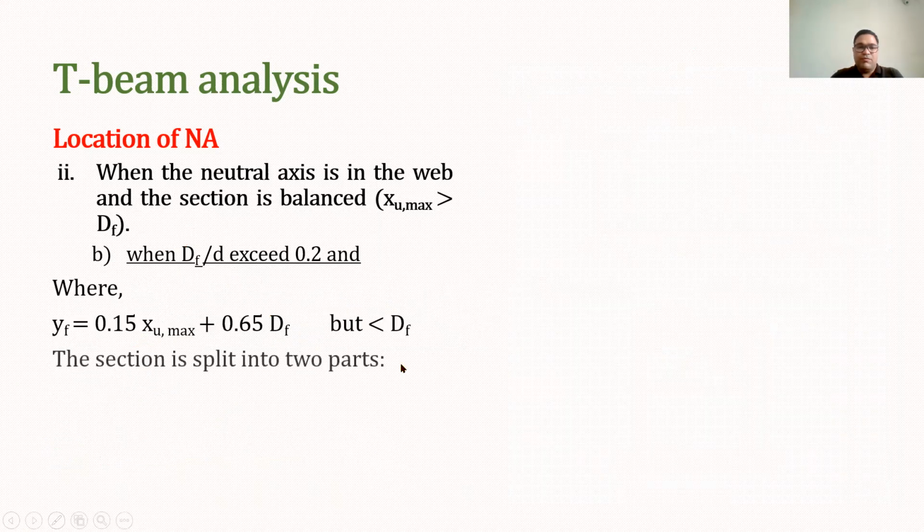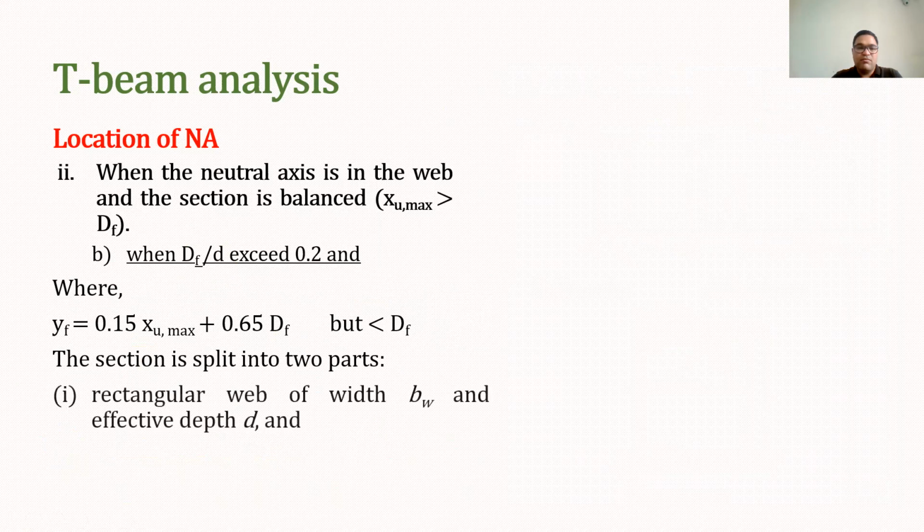Now we will see the concept of moment of resistance in this scenario also. Again, as I have explained in the previous case, we divide the T-beam into two parts. One is the rectangular part and the second one is the flange part. The rectangular part is the web of width BW and effective depth D, and the flange width is BF minus BW. But this time the depth is YF.